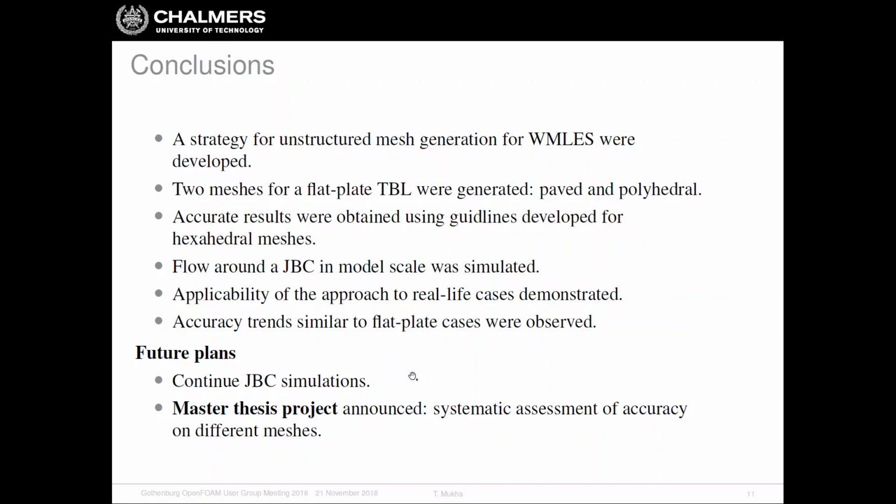Also, I've recently announced a master thesis project proposal at Chalmers, but we welcome students from other universities as well, in case you're interested. And that master thesis project is going to be on more systematically assessing the accuracy of WallModelled LES on different meshes.